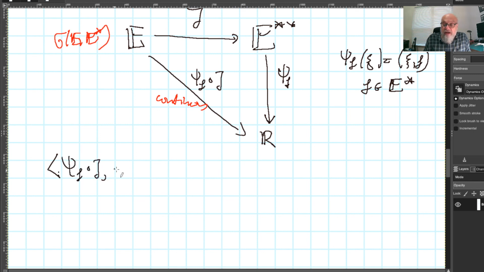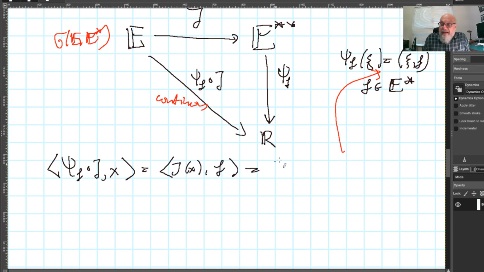This is J applied on X. By the definition which is here, this will be the same as J of X applied on F. But that one is nothing else than F applied on X. So you can see, wow, that this is nothing else than F. And of course, F belongs to E star.